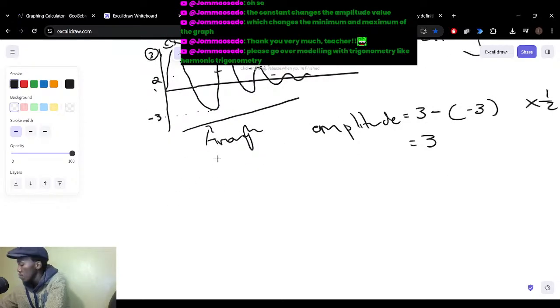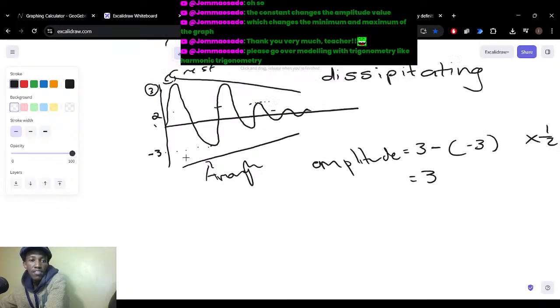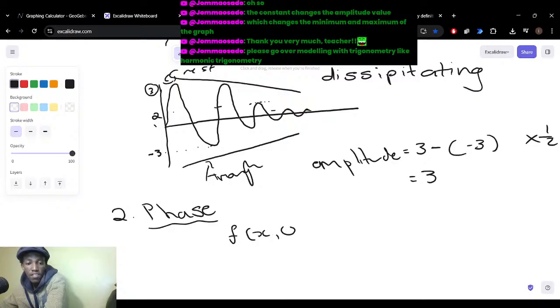So we're going to move to the second definition, or rather second term. The second term here is what I call a phase. So what is a phase? Let's write our function once again, the one we wrote.